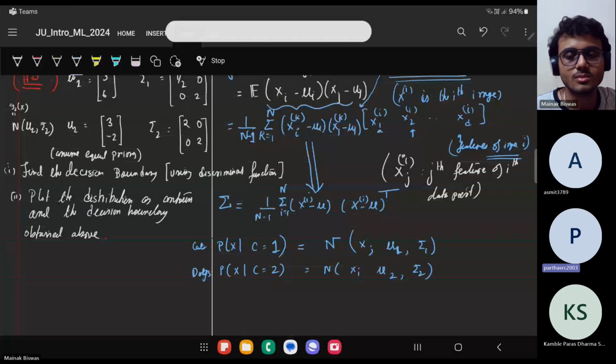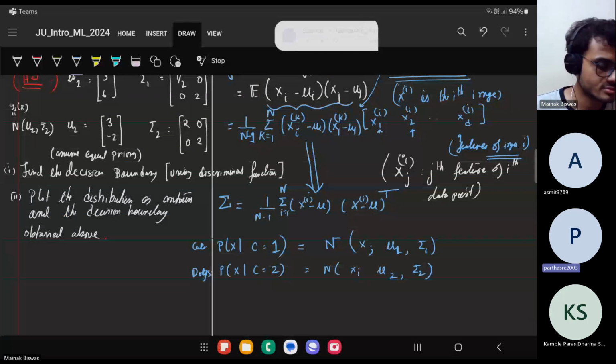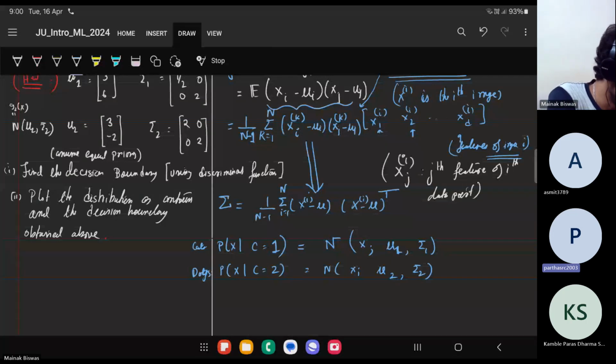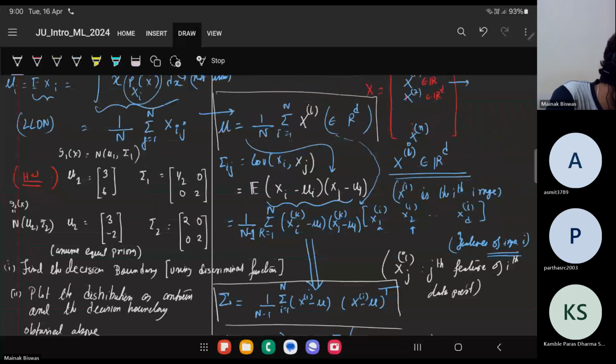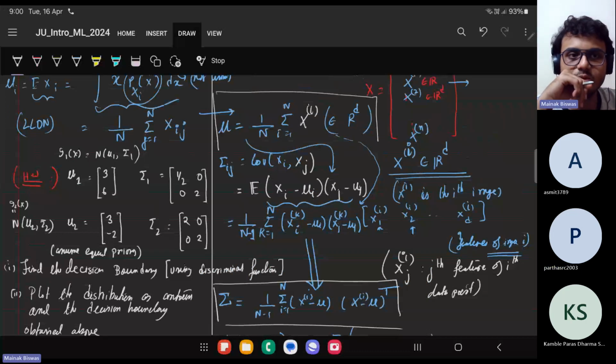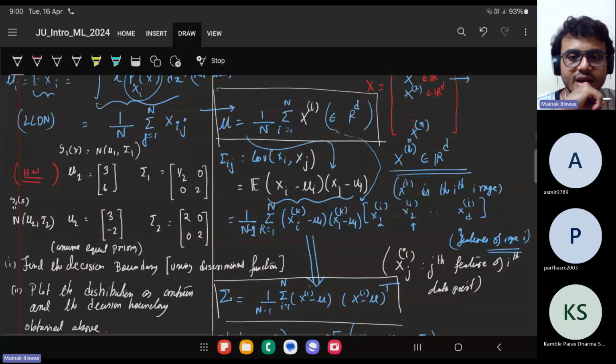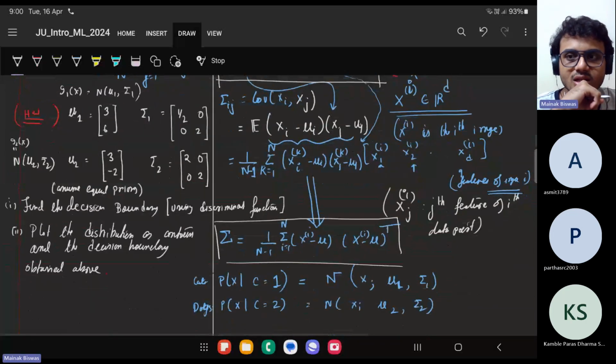How will I calculate mu and sigma specifically for cats and specifically for dogs? For mu1 I will take the summation of all those x1k. Everyone, do you follow? So these equations will give me the mu and sigma, right? Yes or no? These are the two equations that will give me mu and sigma. But how will I get the mu and sigma for cats and dogs separately?